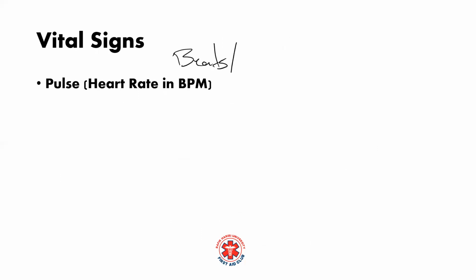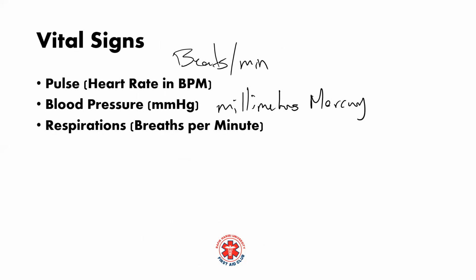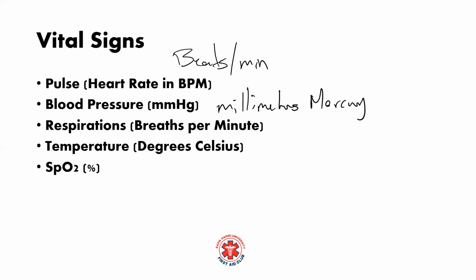The vital signs. Now the fun part starts. In the vital signs, I have the heart rate, which is measured in beats per minute. The blood pressure in millimeters of mercury. Respirations, breaths per minute. Temperature in degrees Celsius.